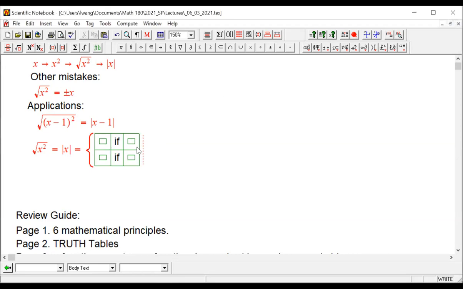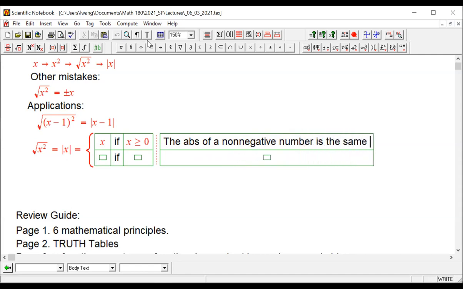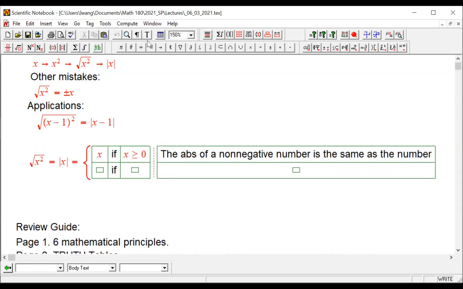So what is that narrative? The absolute value of a non-negative number is the same as the number. So this branch is saying that narrative.